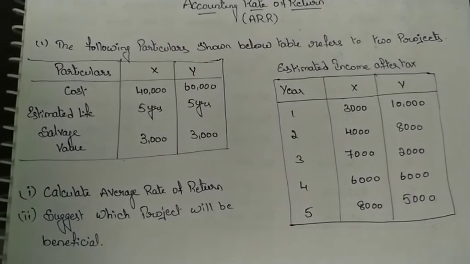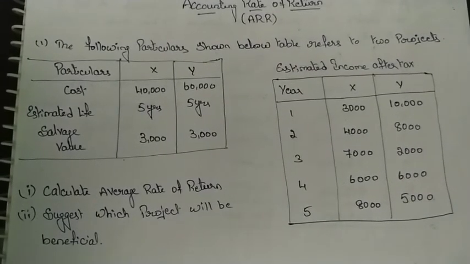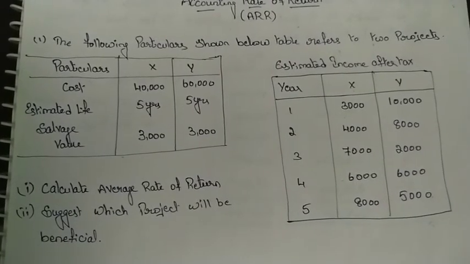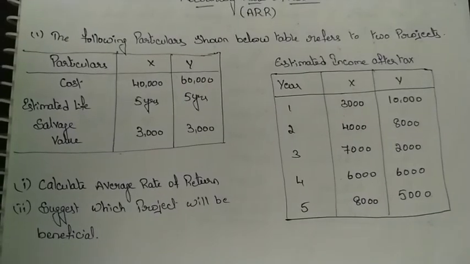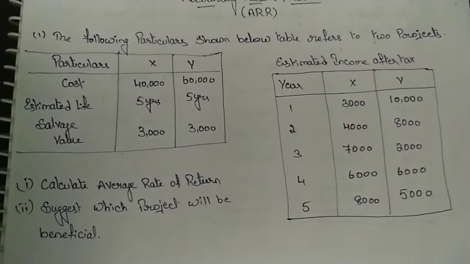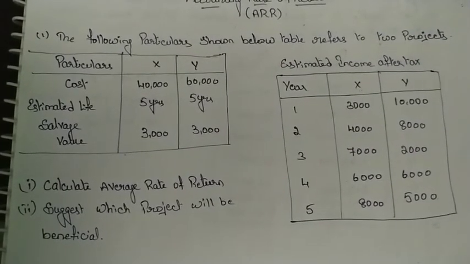Here income after taxes and profits after taxes are one and the same. They have given the estimated income after taxes for the 5 years for both projects. You can see for project X: first year 3,000, second year 4,000, third year 7,000, fourth year 6,000, fifth year 8,000.